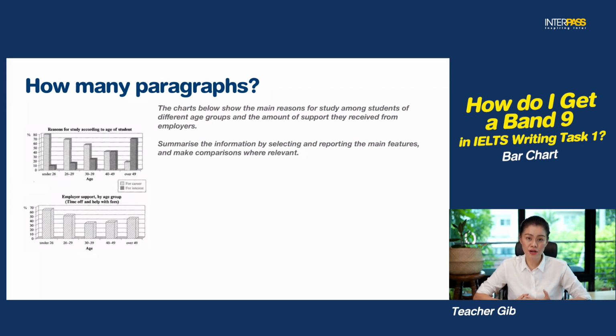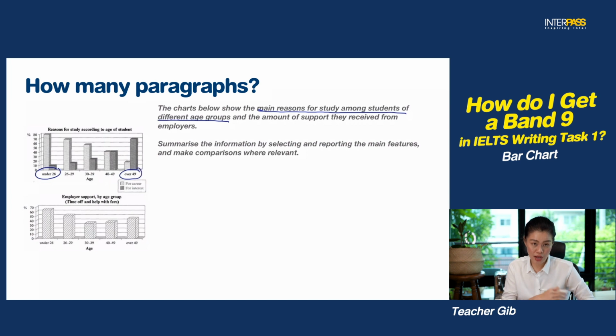You will see that there are two graphs, so the question is divided into two parts. The first part says the charts below show the main reason for study among students of different age groups. Let's look at the first chart. Different age groups here, under 26 to over 49.